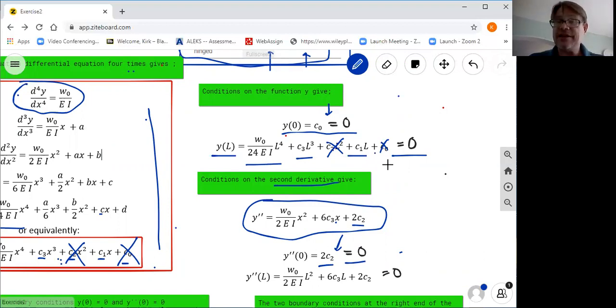Now notice that's an equation with two unknowns, C1 and C3. So my statement that the function has a value of 0 at x equal to L has given me an equation with two unknowns, C1 and C3. But we have one more condition at the right endpoint, and that is that the second derivative has a value of 0.